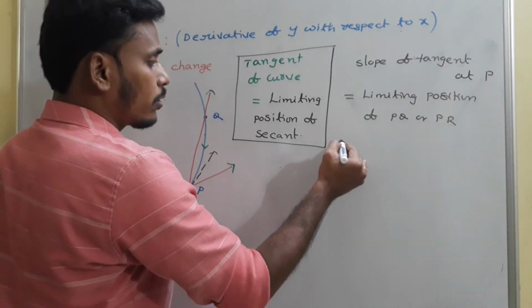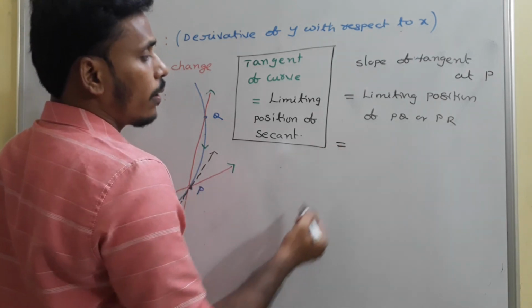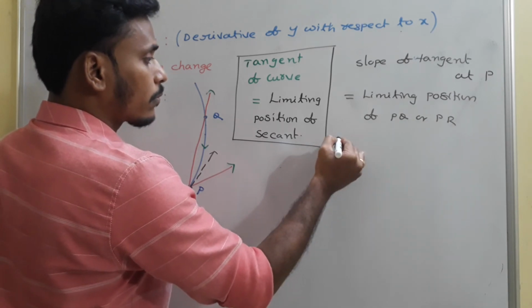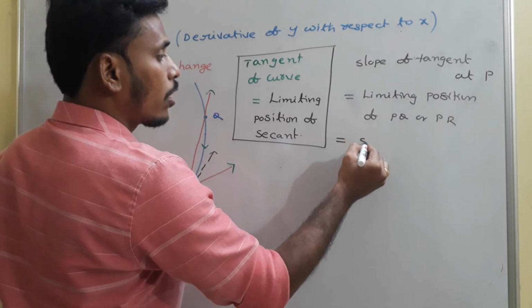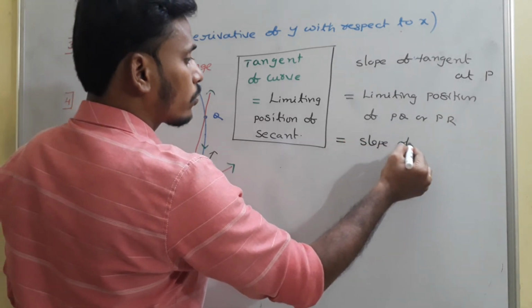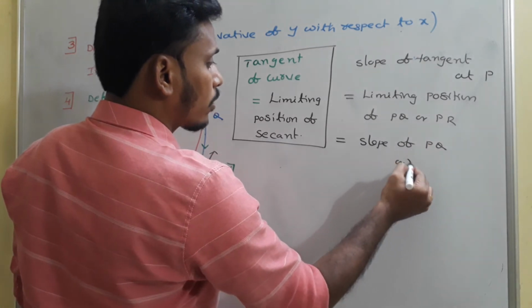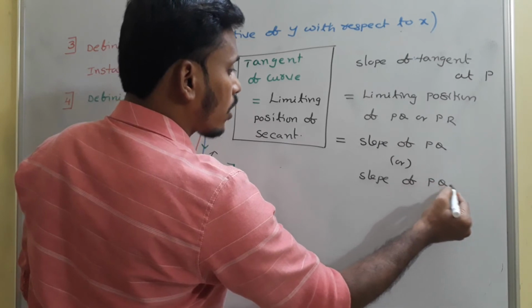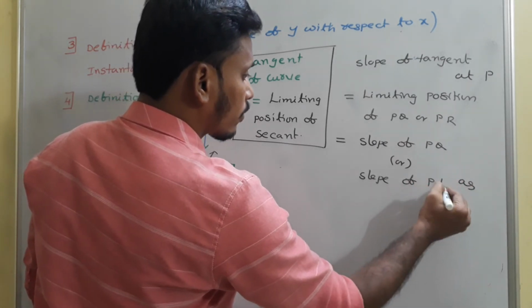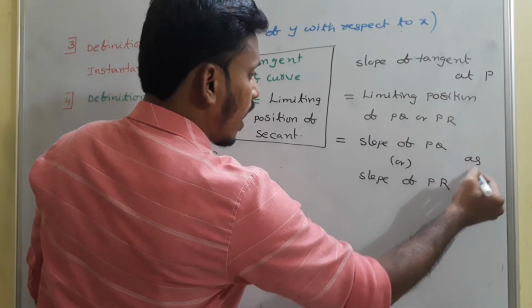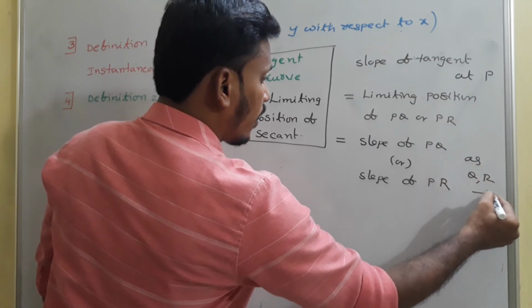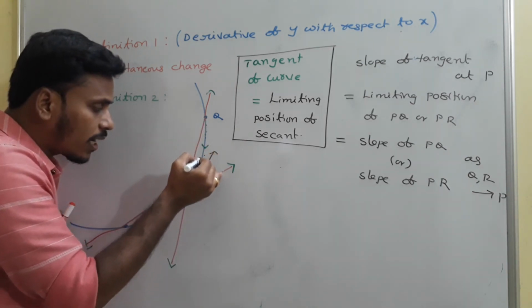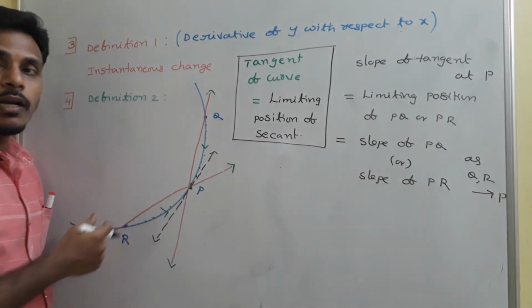That is equal to the slope of PQ or the slope of PR as Q, R tend to P. If you move Q nearer and nearer to P, the secant becomes like a tangent.